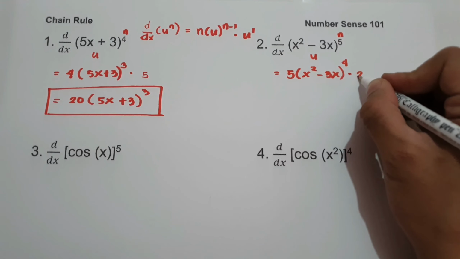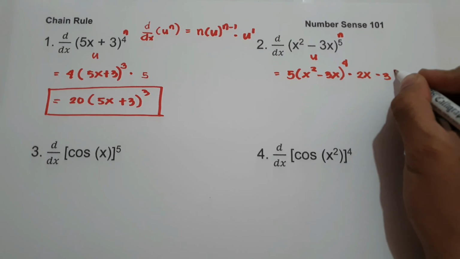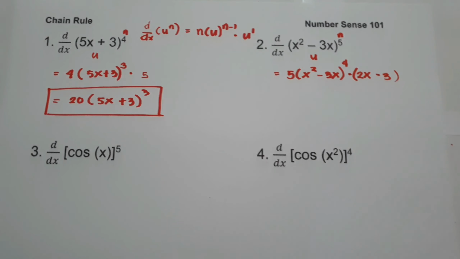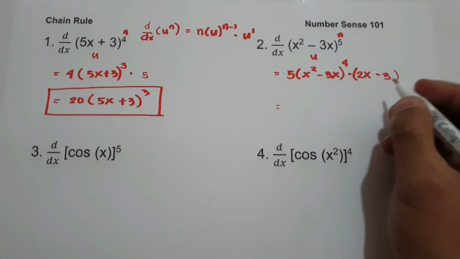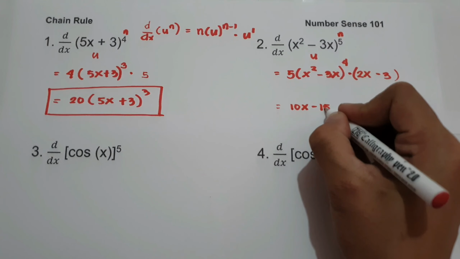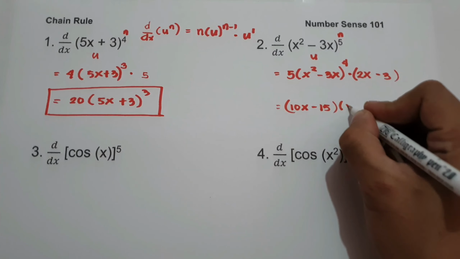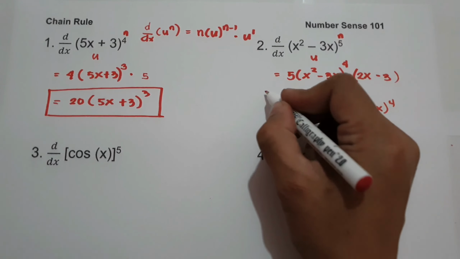The derivative will be 2x, minus the derivative of 3x, that is negative 3. So to simplify, let us multiply 5 and 2x minus 3. It will give us 10x minus 15 times x squared minus 3x raised to 4. And this will be our answer.